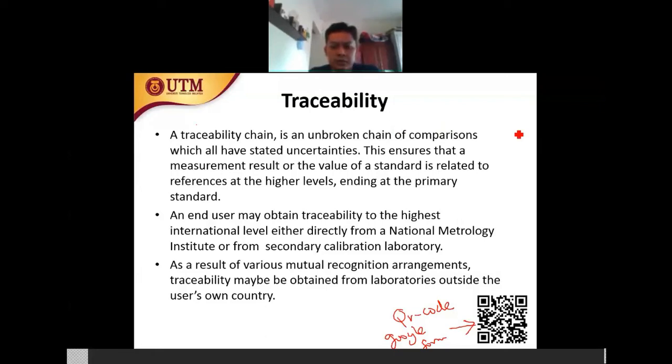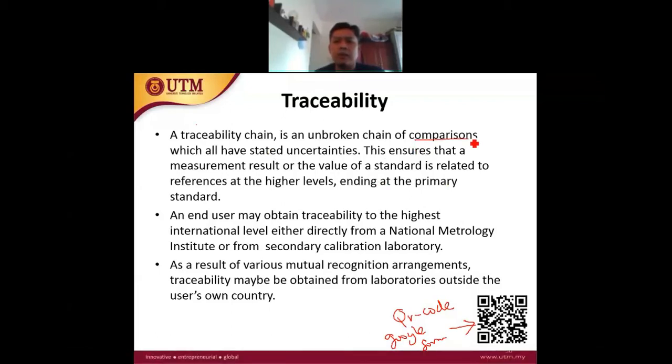So we continue our lesson on traceability. By definition, a traceability chain is an unbroken chain of comparisons, all of which have stated uncertainties. So what is basically compared? What is basically compared?